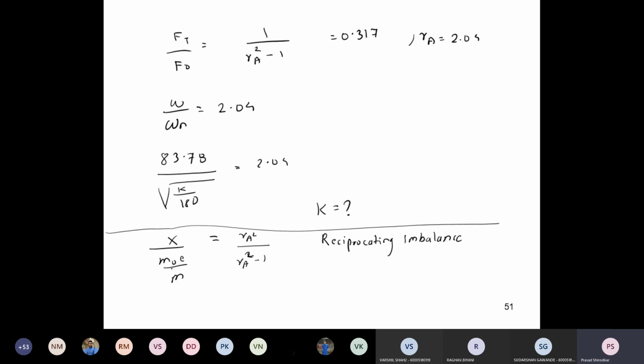All right, so m0 is 3 kgs, e is 0.075, and total mass is 180 kgs. So and RA is 2.04. Right. So all the values are known. Find out the value of x.